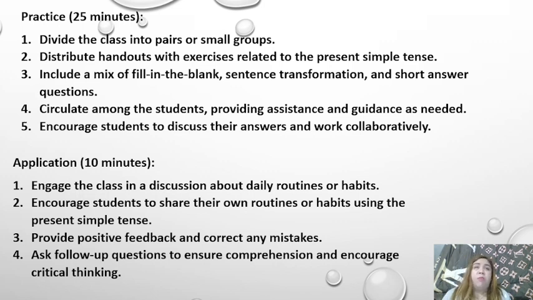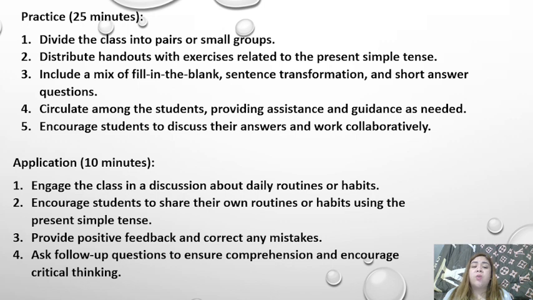Maybe most of them or all of them should talk, and then encourage students to share, of course, their own routines or habits using the present simple tense, and then you can correct them if they have any mistakes. And the last is to ask follow-up questions to ensure comprehension and encourage critical thinking. And then through that, you can also proceed to the conclusion.